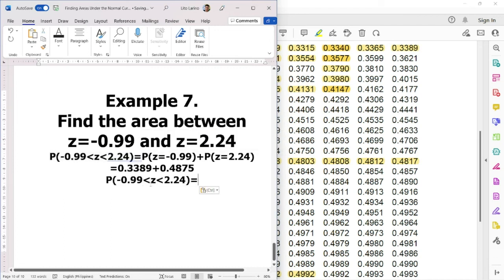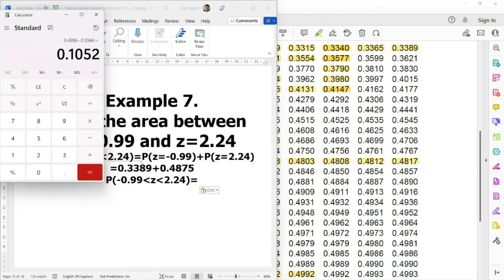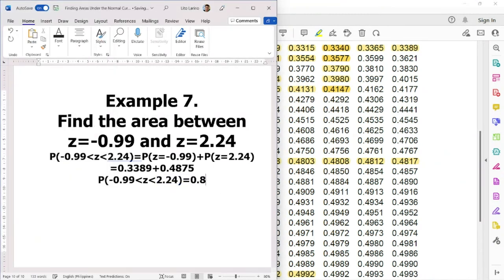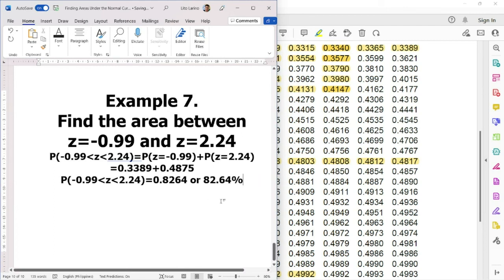We have now the area between the z-scores negative 0.99 and 2.24 is equal to 0.3389 plus 0.4875, and that's equal to 0.8264, or that's equivalent to 82.64% of the normal curve.